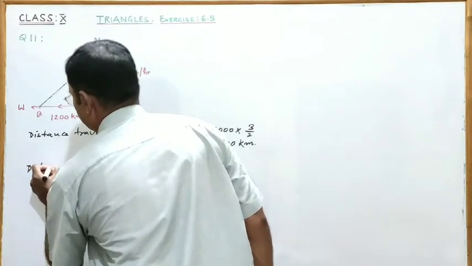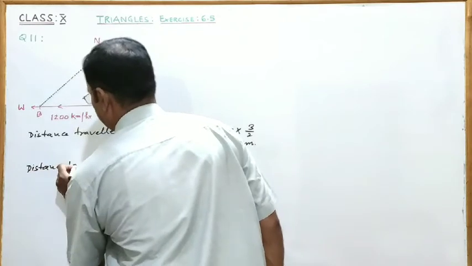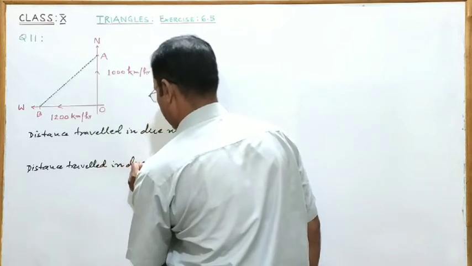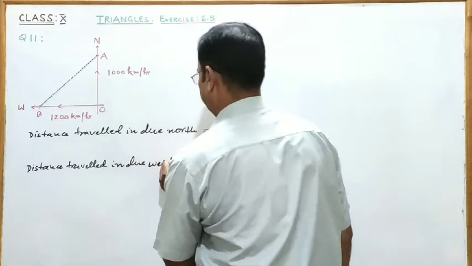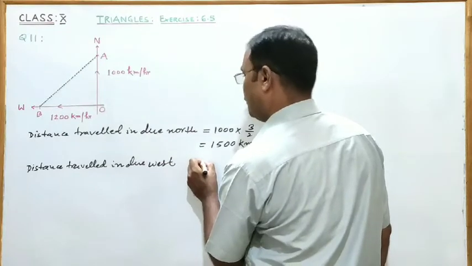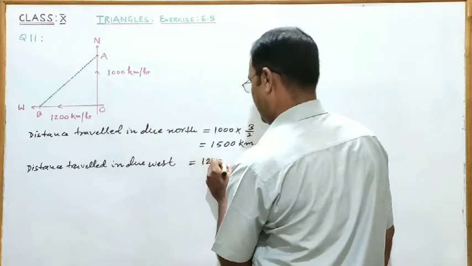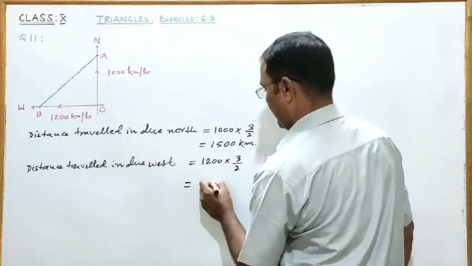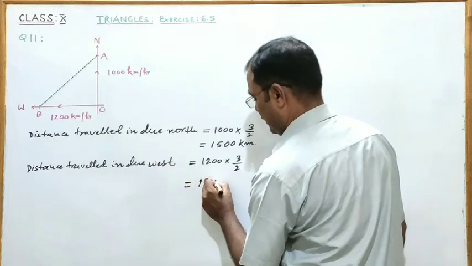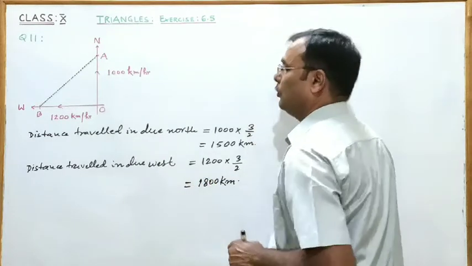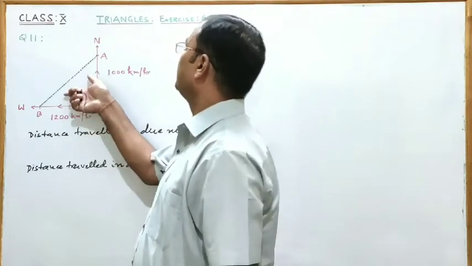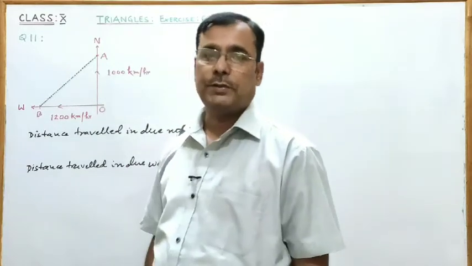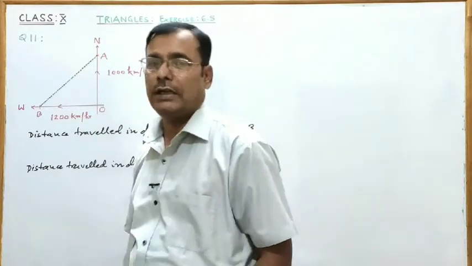So distance travelled in due west is equal to 1200 into 3/2, 1800 km, and we have to find this distance AB, which is the distance between the two aeroplanes after 1.5 hours.